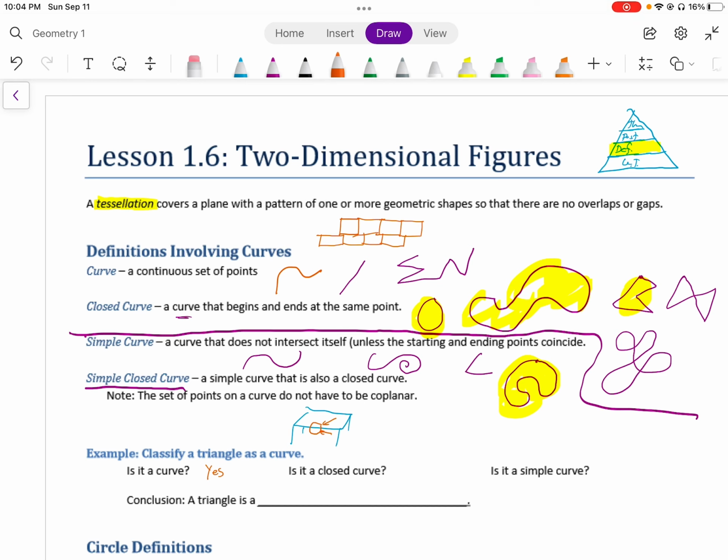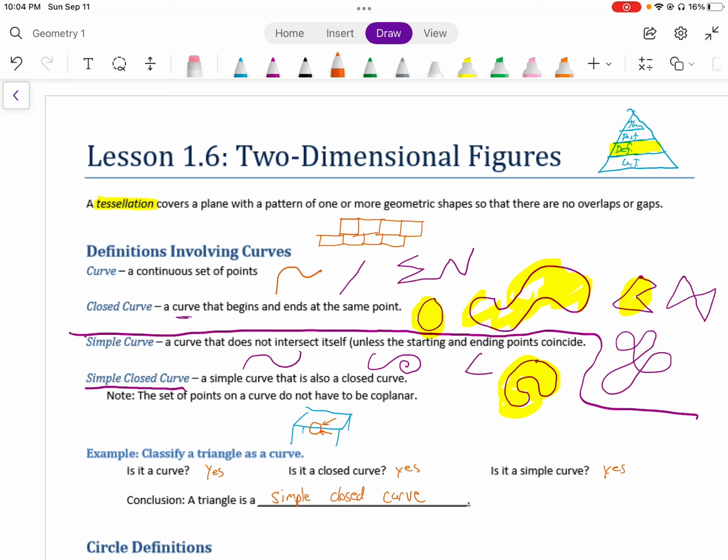A closed curve is a curve that begins and ends at the same point. Yes, it does. Is it a simple curve? A curve that does not intersect itself unless at the start and end point. Yes. Therefore, a triangle is a simple closed curve.